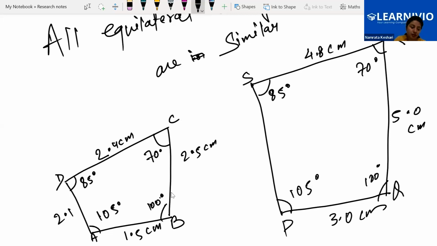Randomly taking them, you will not find that all sides are in proportion. No, it's not like that. You have to observe the figure very carefully. Now you tell me whether these two figures are similar or not. Analyze it carefully and let me know.